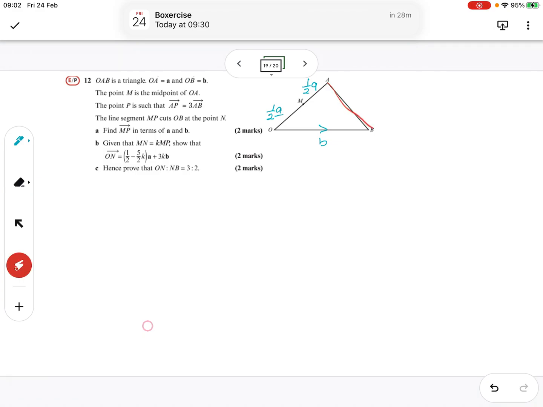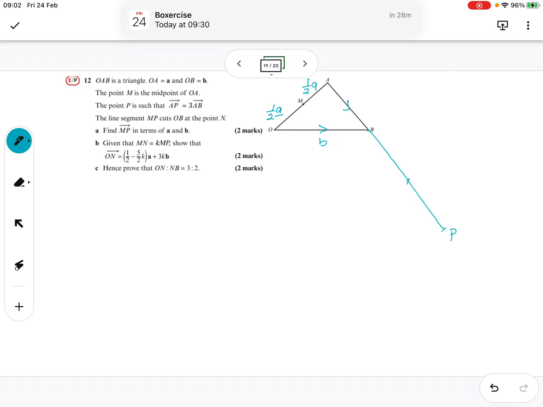Well, there's AB, so if I'm going to do 3 lots of it, I'm going to extend the line. So if that's AB, I'm going to go again, 1, 2, 3. It's a rough drawing, isn't it? So I'm going to make that P. So that's AB, and that's P.